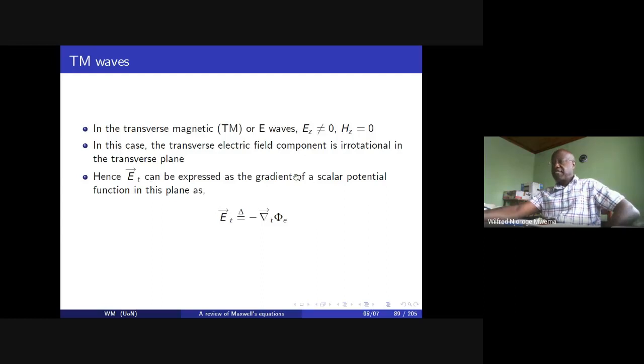Since it's irrotational, we can define it as the gradient of an electric scalar potential, phi of E. It doesn't have to be the same as the one we used for the TEM, but it's a scalar potential. I'm just using the same kind of symbols, but it's not the same function that we had before.